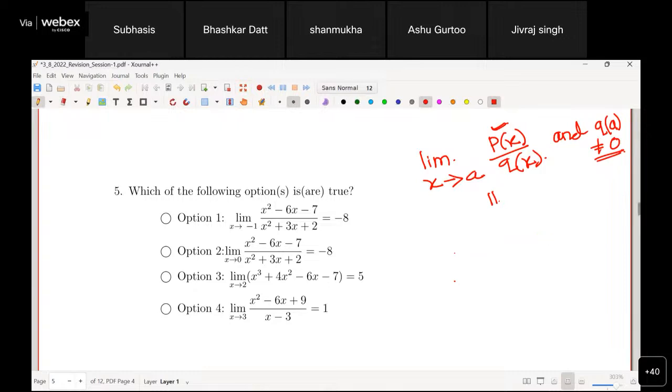So the limit of the function is minus 8. If we directly substitute, it is 0 by 0.